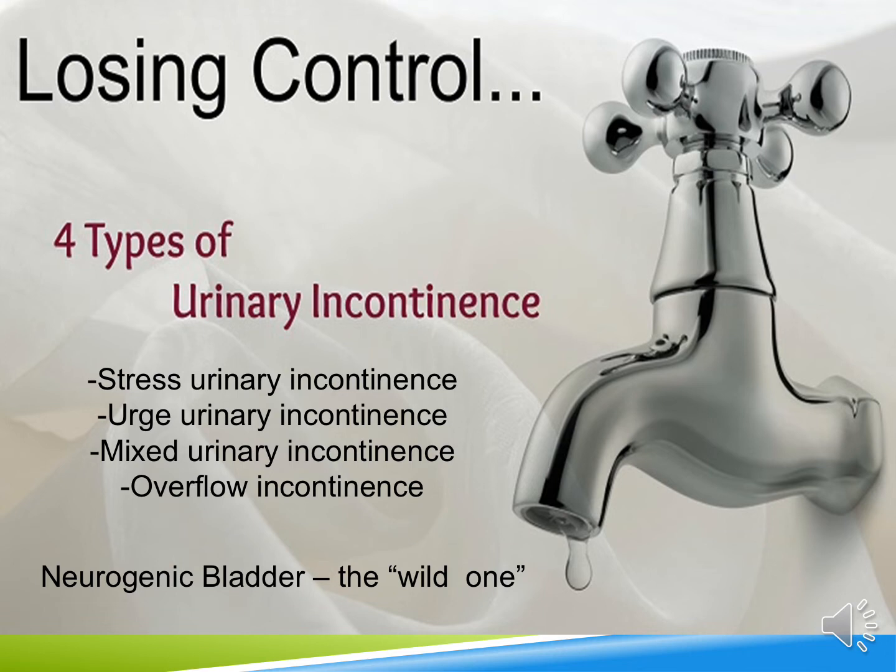If a client's living at home, maybe their bathroom's upstairs, and they can't really climb stairs quickly, or if it's in a hospital situation where the client needs to go to the bathroom and they can't get someone to help them up, so they start to try to go to the bathroom on their own, but they can't get there in time, so they have a functional inability to get to the bathroom. That's usually as a result of limited mobility due to arthritis, surgery, etc.